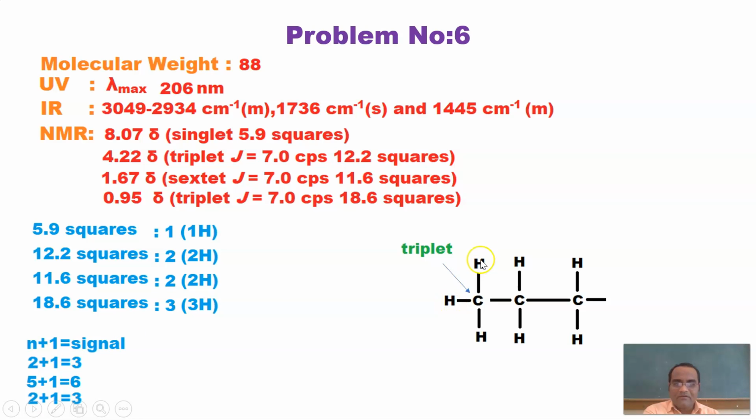So I have put 5 hydrogens on the adjacent to this carbon. So these are the 5 hydrogens, here 2 and here 3. And after that, again it is showing a triplet. So triplet means that adjacent has only 2 hydrogens.